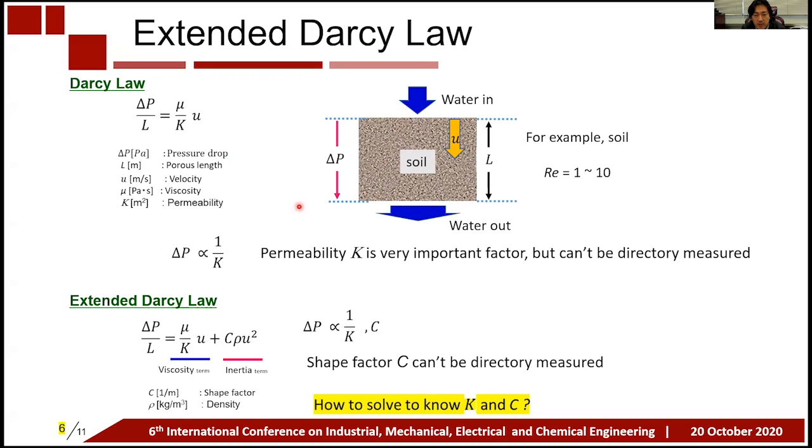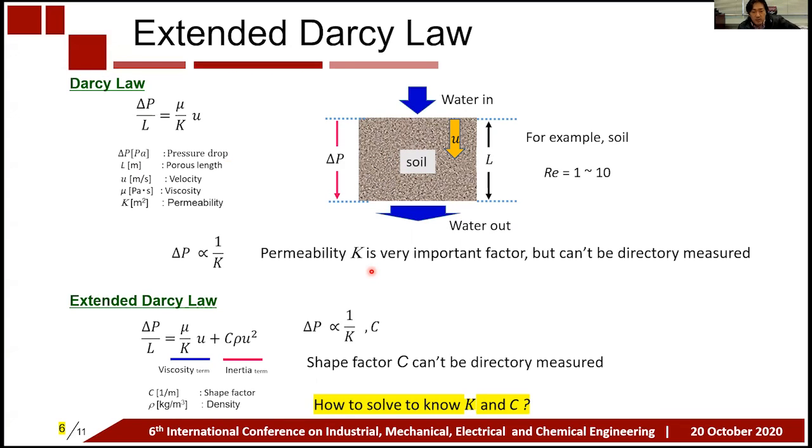It can be applied at very slow velocity, where the Reynolds number is about 1 to 10. In this case, permeability kappa is very important, but it is not possible to measure it directly, so it is necessary to perform experiments.